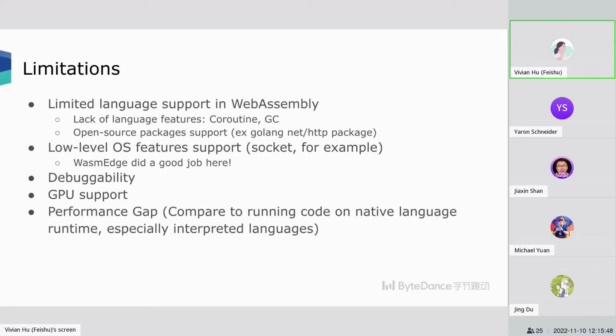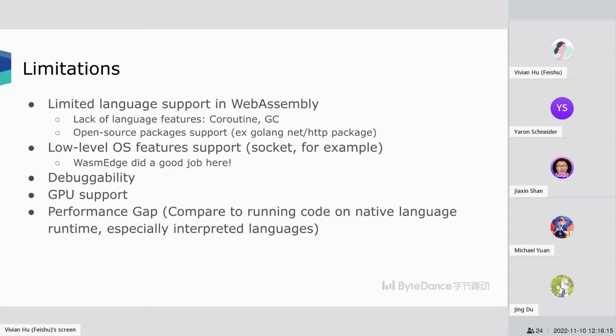If I take a lot of open source packages, I think Michael also mentioned 70% support is there, like 60 to 70% of libraries can be compiled. But the more complex packages, like Golang net/http, have dependencies on 100 other packages, so it won't compile or it will have difficulties.